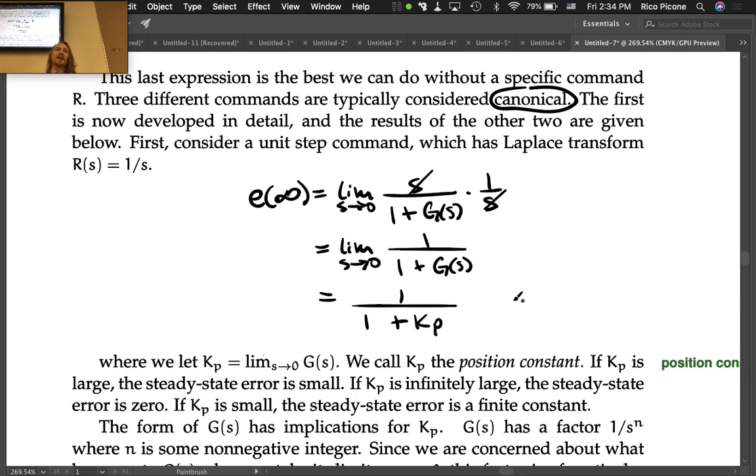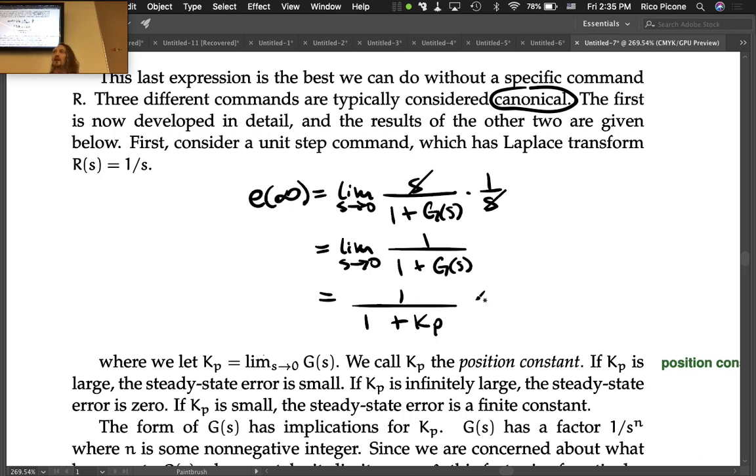So the steady state error will be small if the position constant's large, and if the position constant's small, then we're going to have a steady state error of 1, and you can also have kp come out negative too, right? So that's another case you have to watch out for. So these are our cases for kp.